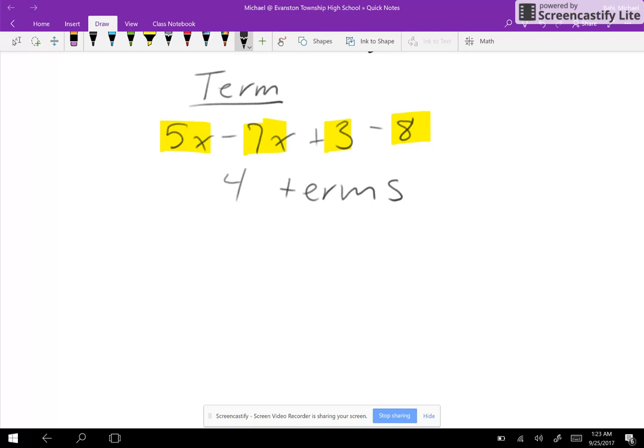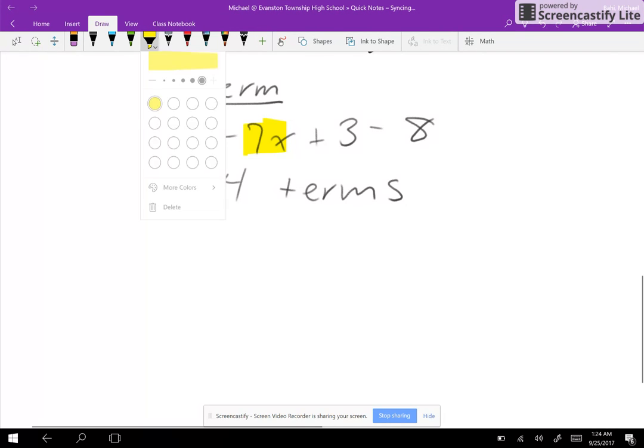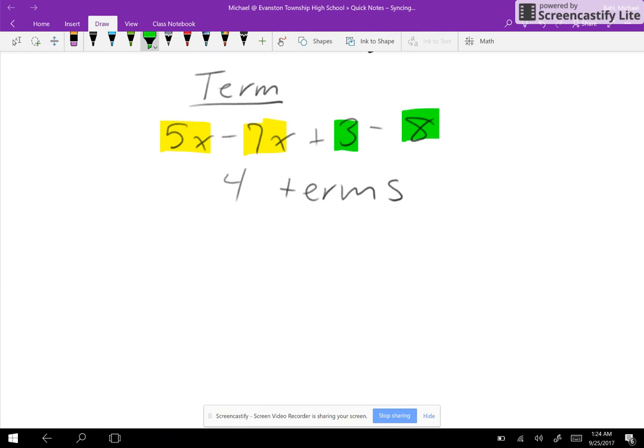And basically what we did was we combine the like terms. So why don't I do this? Let's rewrite those, and we can highlight these a different color. When we worked with x, here I have 5x minus 7x.